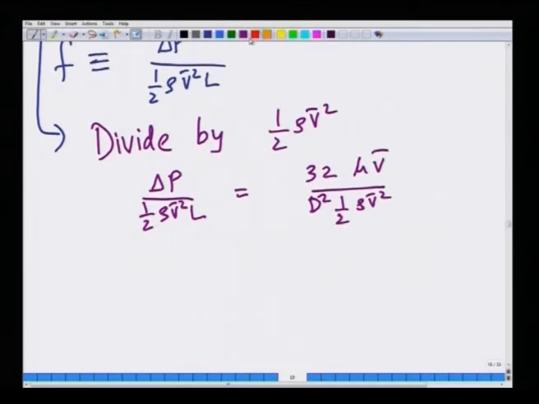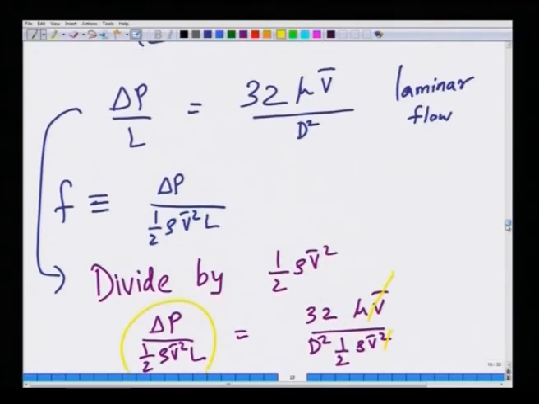This expression is nothing but the friction factor, the Darcy friction factor, for laminar flow. If we take this 2 above, it becomes 64. If we cancel a factor of v with the denominator, and there is also rho v squared L by d.